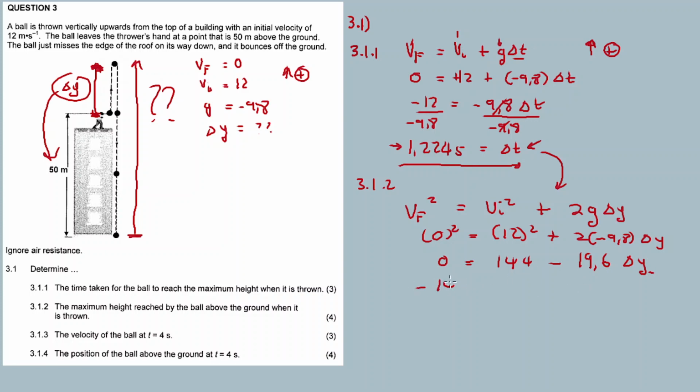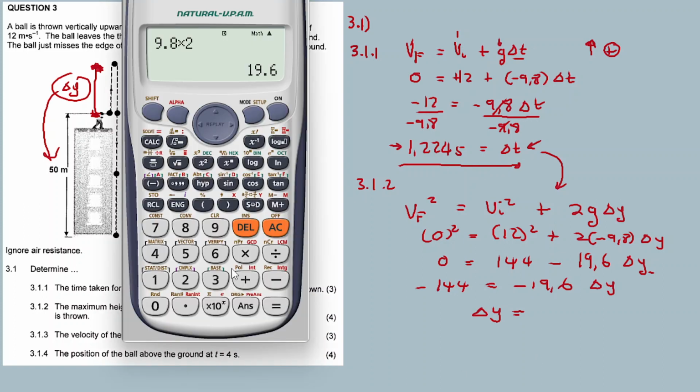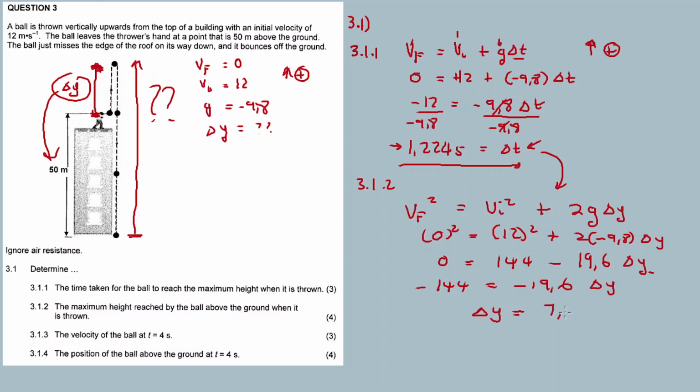Transpose, so negative 144 is equal to minus 19.6 delta y. Then you divide both sides by negative 19.6. Negative 144 divided by negative 19.6. The answer should be 7.35 meters. Now you answer it together.